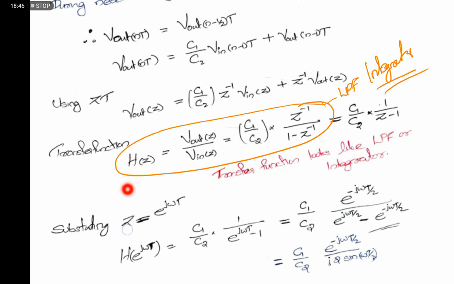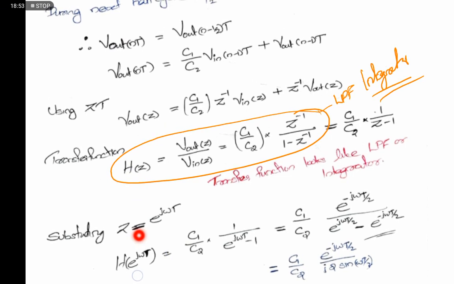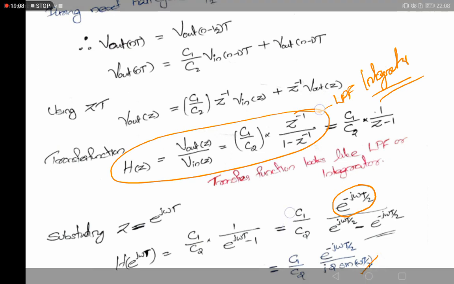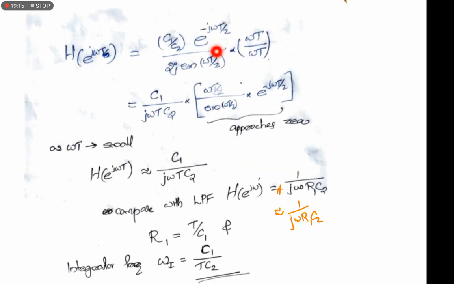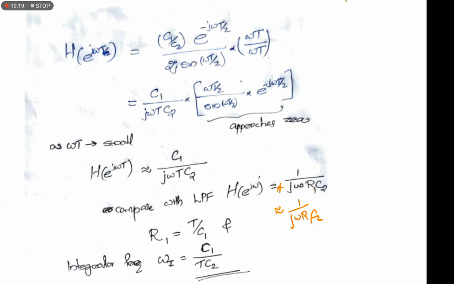To convert that into the analog domain, we substitute z equal to e raised to j omega T, and multiply and divide with e raised to minus j omega T. We get an expression like this, and we apply a condition: as omega T is small, this quantity becomes 0, and the other quantity approaches unity.